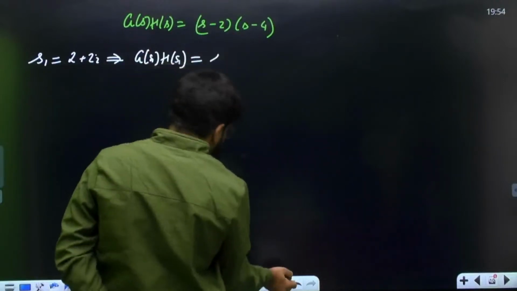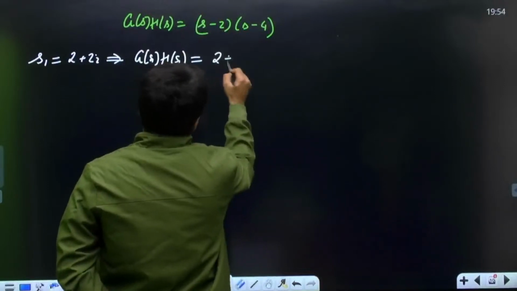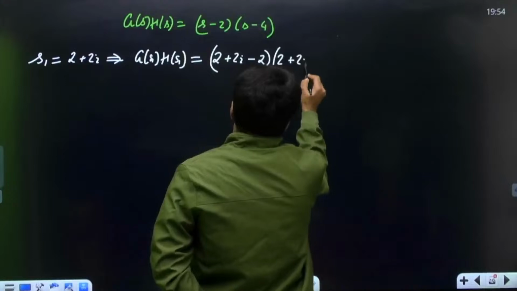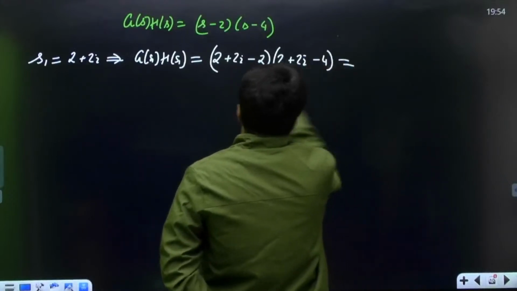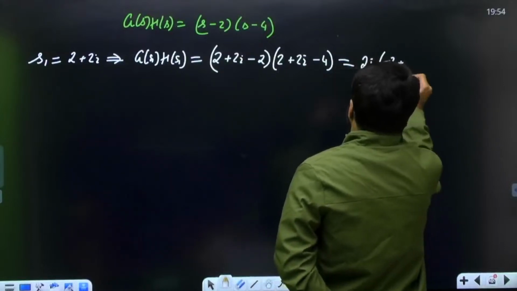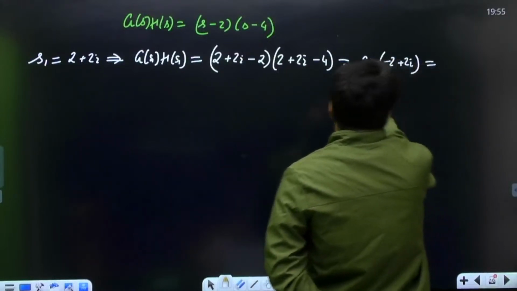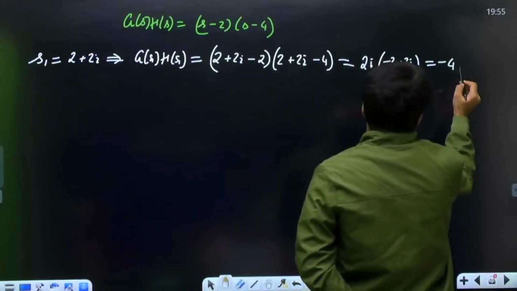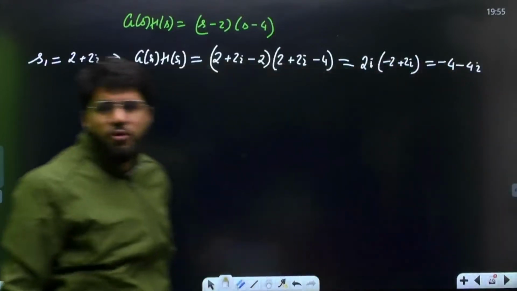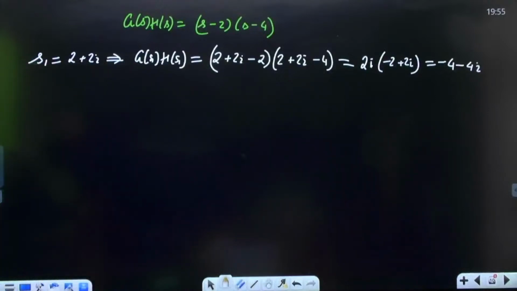S equal to 2 plus 2i: (2 plus 2i minus 2)(2 plus 2i minus 4). The 2 and 2 cancel, so the first one is 2i and the next one is minus 2 plus 2i. Solve it, dear: 2i times minus 2 is minus 4i, and 2i times 2i is 4i squared, so the real part is minus 4 and this is minus 4i. Minus 4 minus 4i, correct? That is the first value of the function.